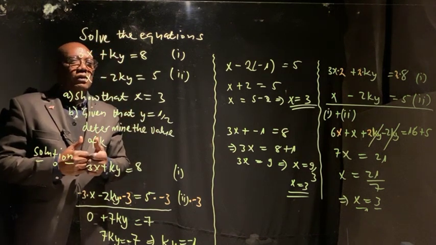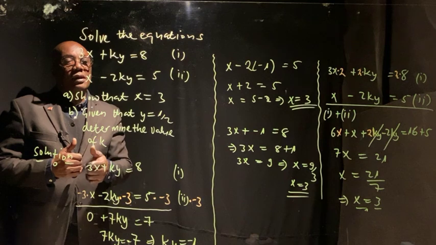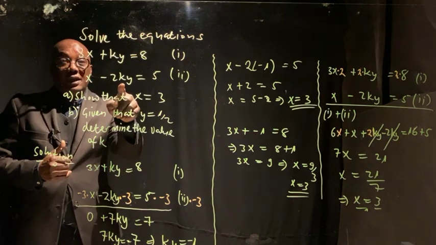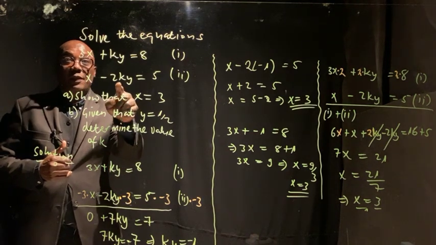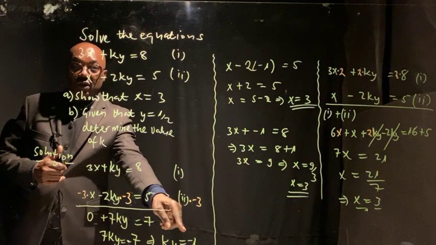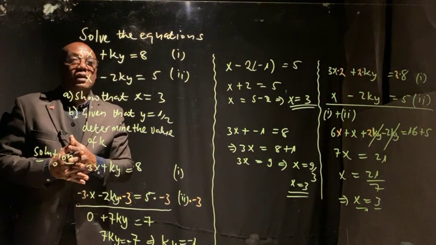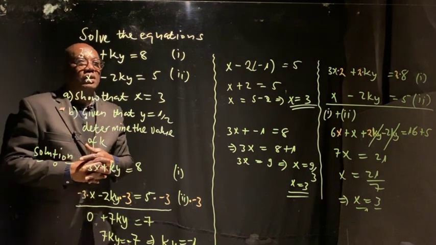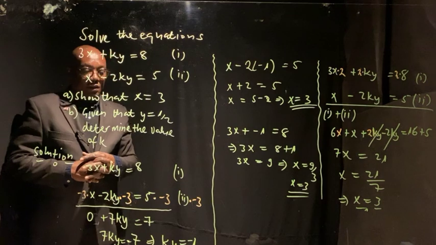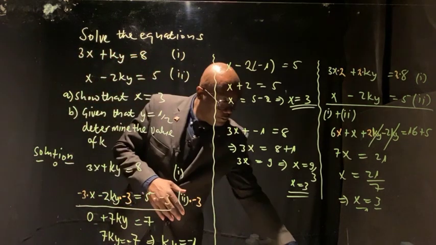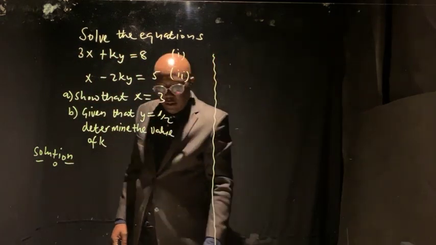So pause the video, and then we'll come back to put that value k, the value minus 1, over there. We are going to put it there, and then we will try to solve the equation. Now we come back.